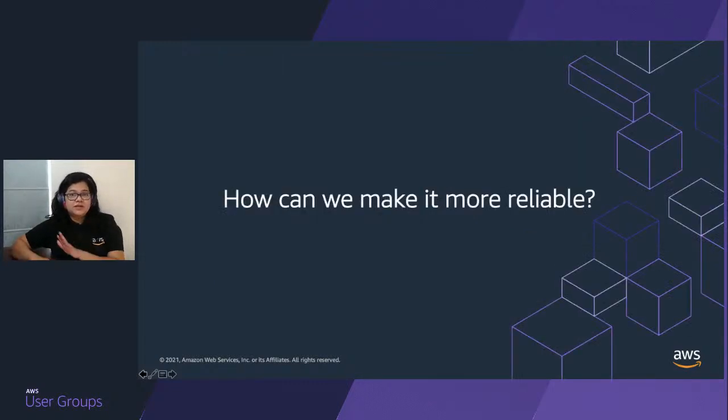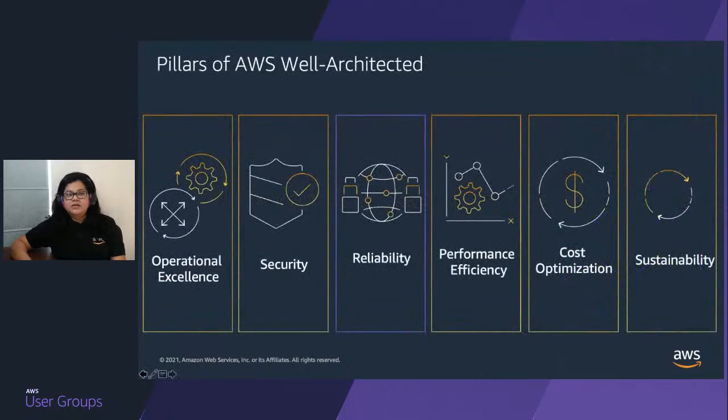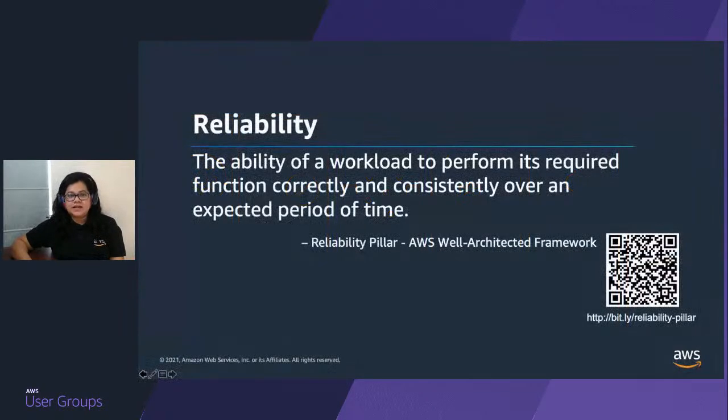So let's talk about a few things that we could do with this architecture. This is a little different approach I want to take. I don't want to just bore you with those design principles. You can always go and read about it, but I want to help you think about how you can improve this. So let's talk a little bit about reliability. Reliability is one of the pillars of the Well-Architected Framework. So what is reliability?